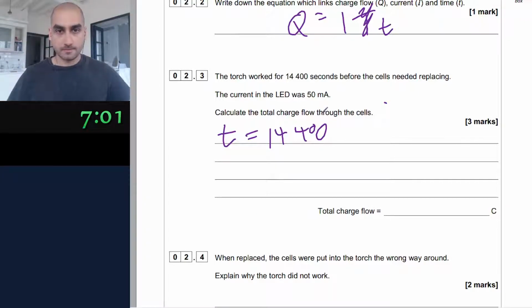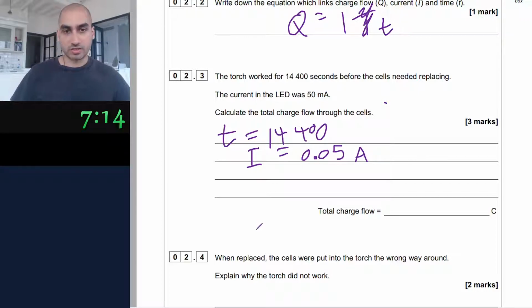Current. I should start writing my I's like this. I equals 0.05. Oops. Calculate the total charge.